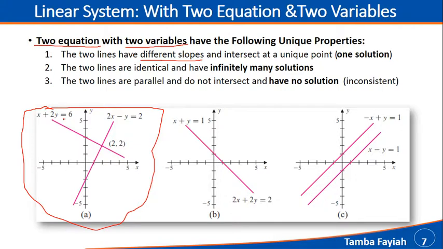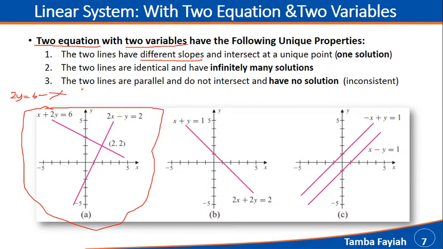How can we find the slope of these equations? If you have learned algebra in high school, from the first equation we know that 2y is equal to 6 minus x, right?